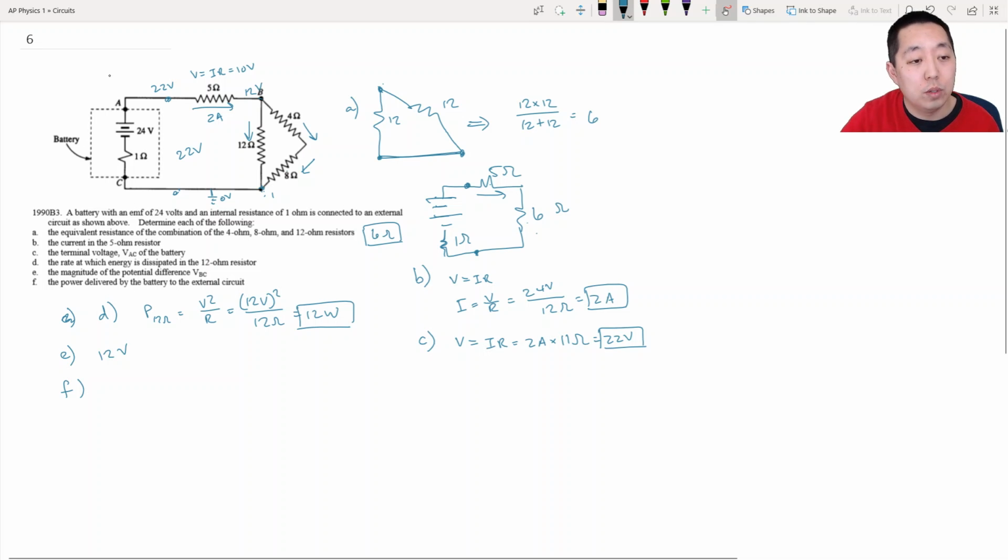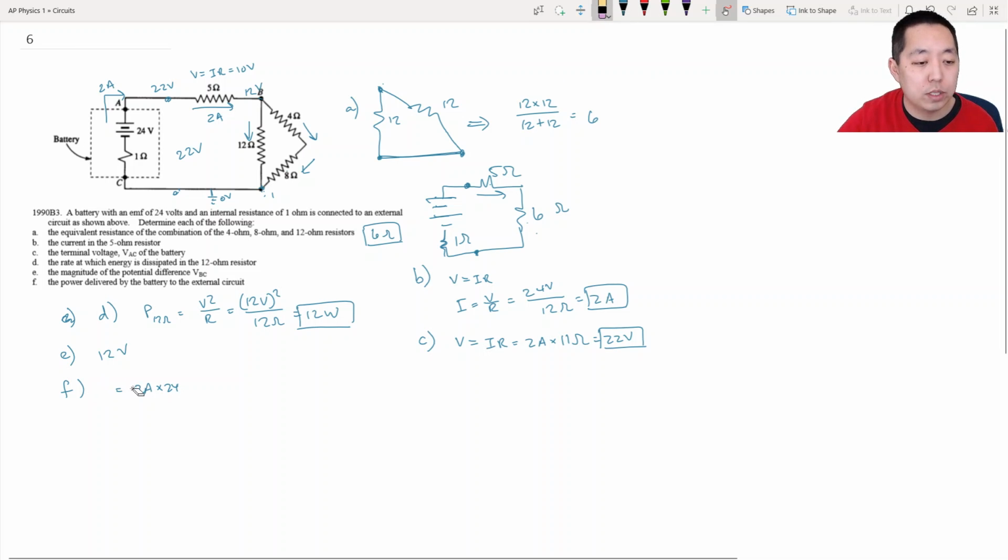Okay, so the power delivered is the current times the voltage of the battery. And I already know that this battery is generating 2 amps. So the power of the battery is the 2 amps times 24. Actually, we want to do the external circuit.